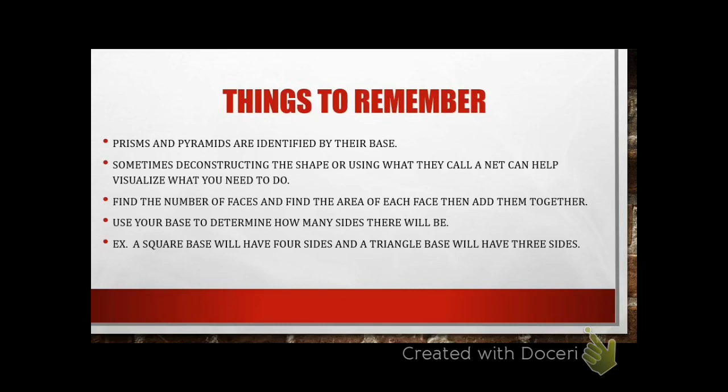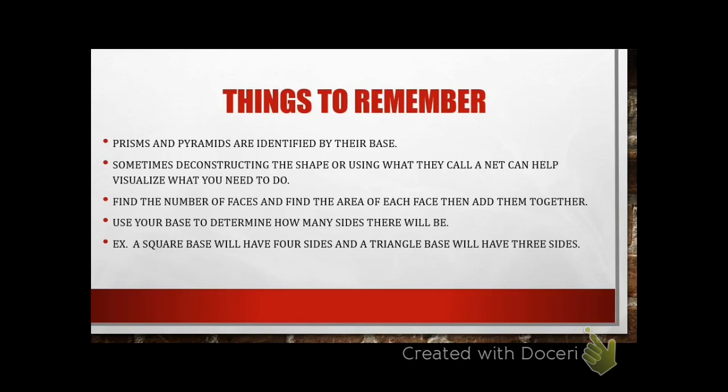Remember, we always find the number of faces, and we find the area of each face or flat surface, and then we add them together to find the surface area. Use your base to determine how many sides there will be. If you have a 4-sided base, then you're going to have 4 triangles branching off that will all come to a central point.